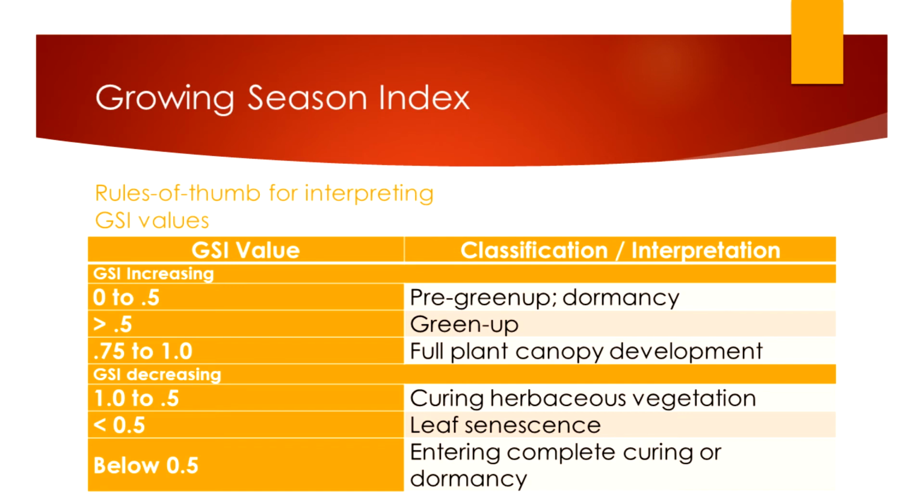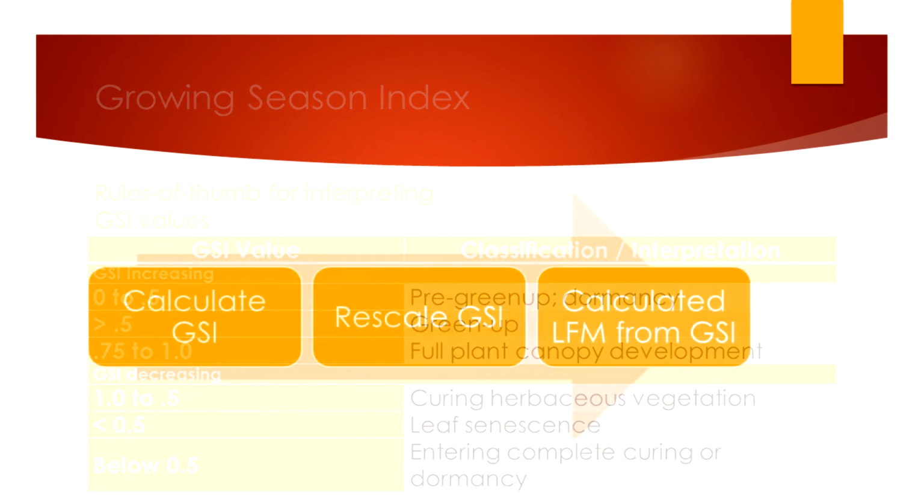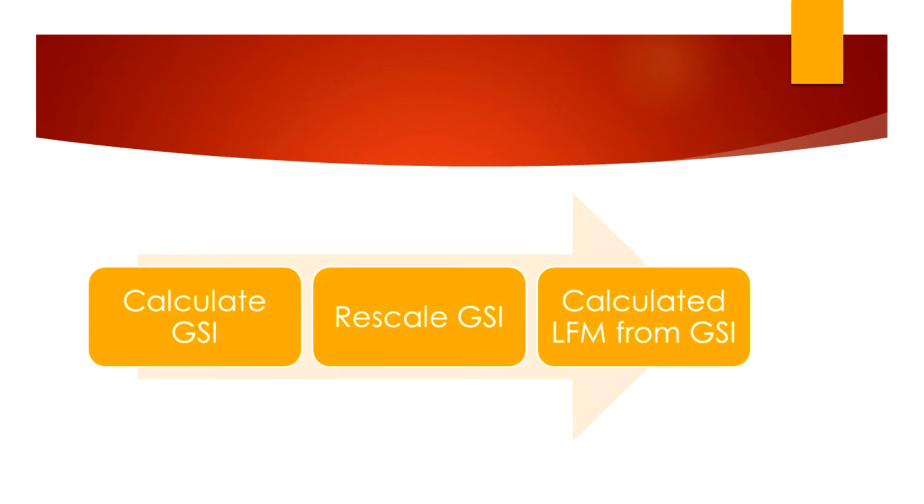On the downward side, as you drop from 1 to 0.5, we start to see curing in herbaceous vegetation. We start to see leaf senescence as you drop below 0.5, and then as you get from well below 0.5 and back to 0, you start reaching full dormancy.